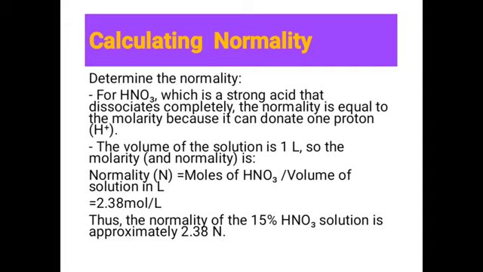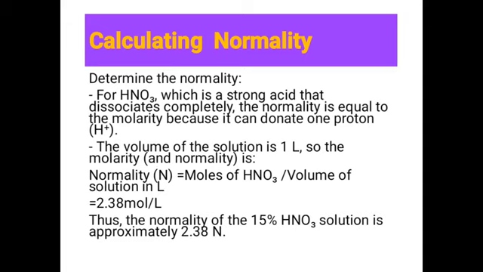To determine the normality now, we can say HNO3 is a strong acid. If it dissociates, you are going to have H plus and NO3 minus. So it will dissociate completely to give 1 proton, 1 H plus. The basicity of the acid is 1. The volume of the solution is 1 liter.